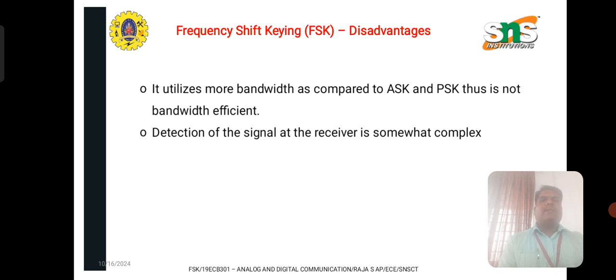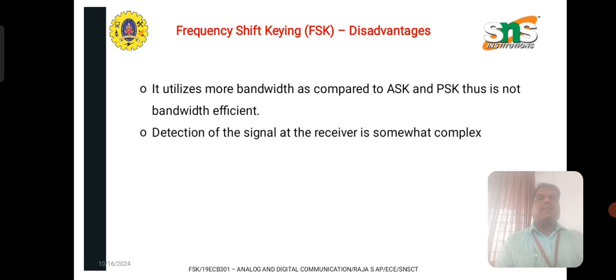How you can understand this: in ASK, whenever data 1 comes, only then is the signal transmitted. Whenever data 0 comes, no signal is transmitted, so that area is minimized. Whereas in FSK, whether a 1 bit or a 0 bit is transmitted, the signal must be applied for both bits.